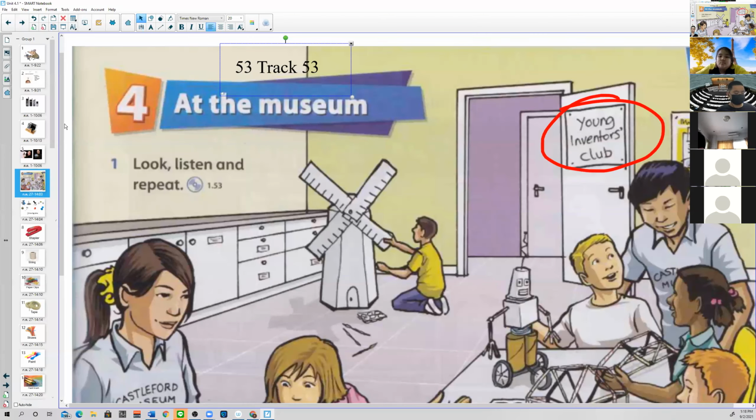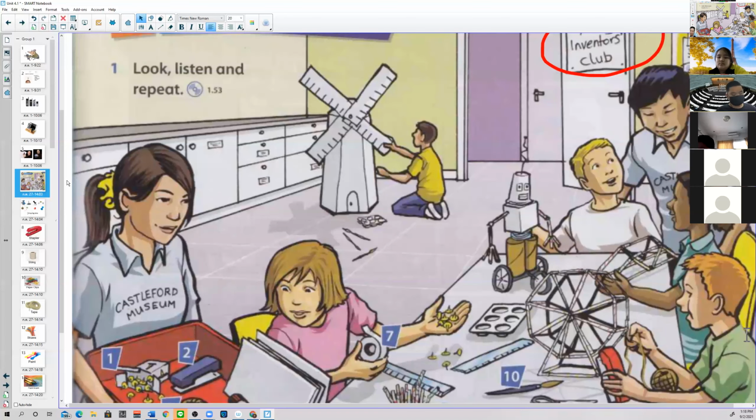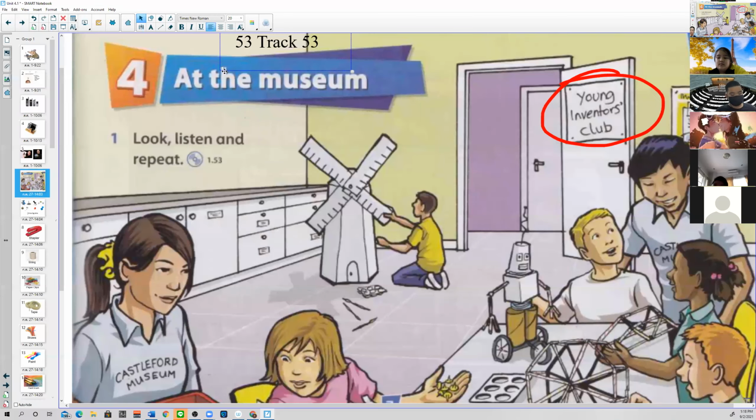Look, listen, and repeat. 1. Drawing pins. 2. Good. Stapler. Stapler. Okay. 3. String. Good. 4. Glue. Good. 5. Card.